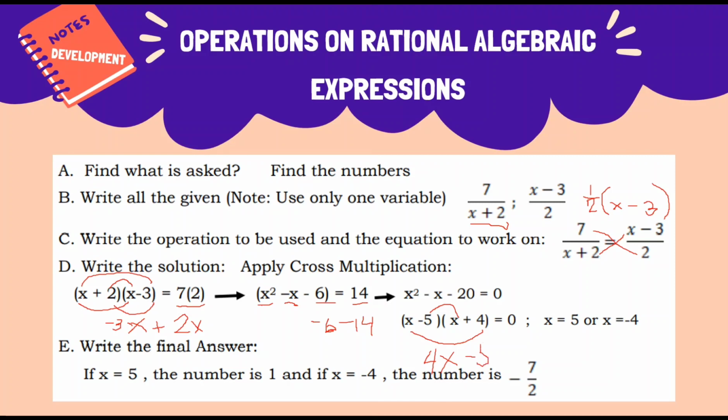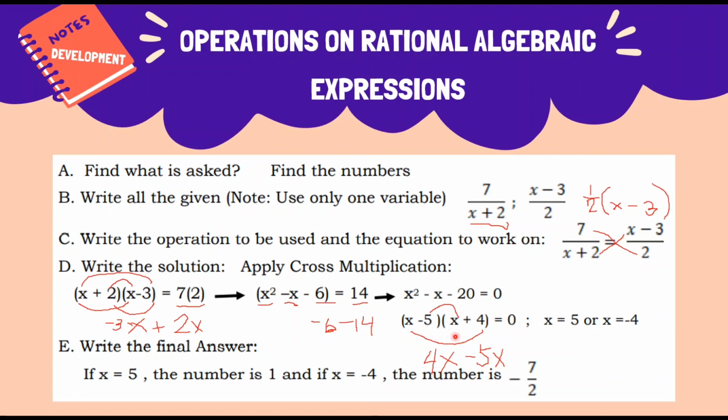Since their signs are different, proceed to subtraction and copy the sign of the biggest number, which is negative. So 4 minus 5, we have negative 1, so negative x minus 20.